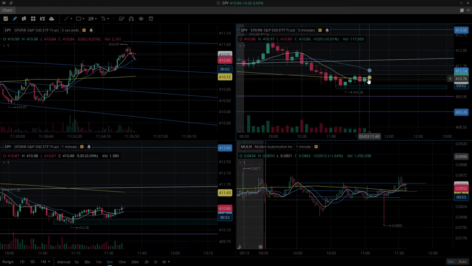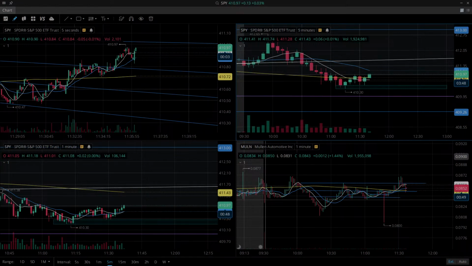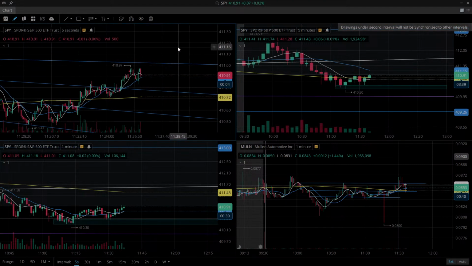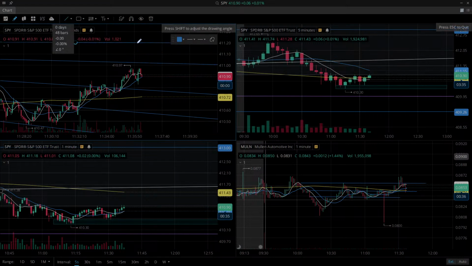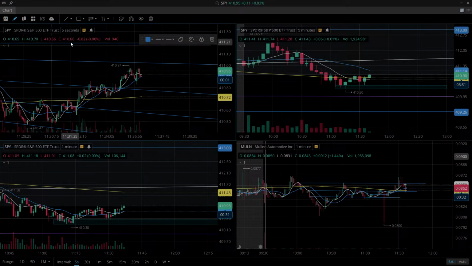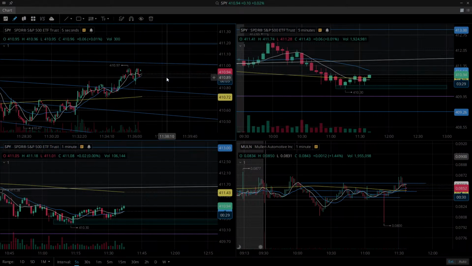Little double bottom looking. Nice double bottom looking. Got our bullish 1-for-1 done. 2-for-1 will take us up to 411.20. Let's see how she goes.